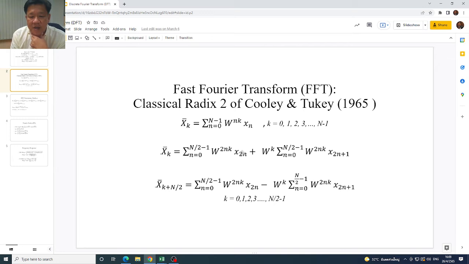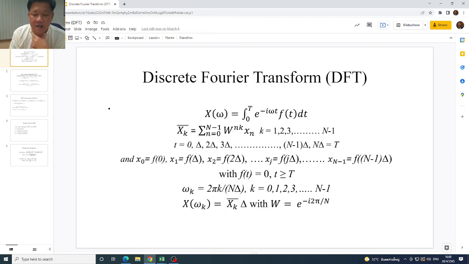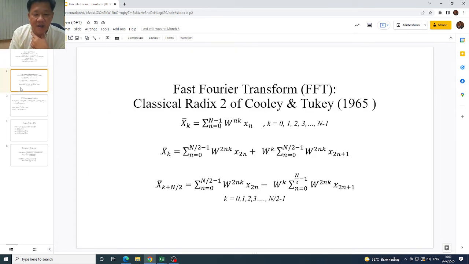And x sub 2n is the same because it does not rely on k. With this complex number exponent property, you can show that W to the 2n times k plus N divided by 2 is equal to W to the 2nk.